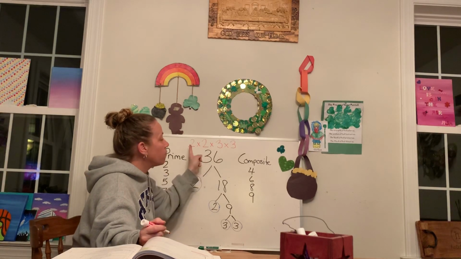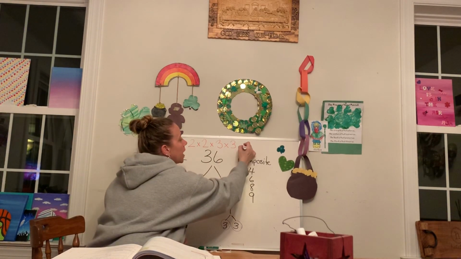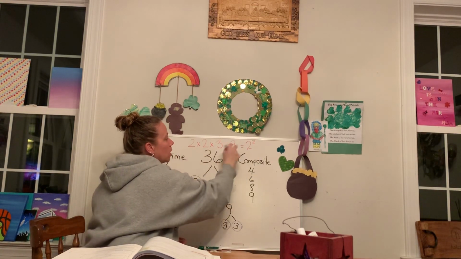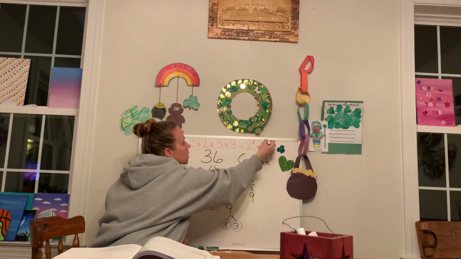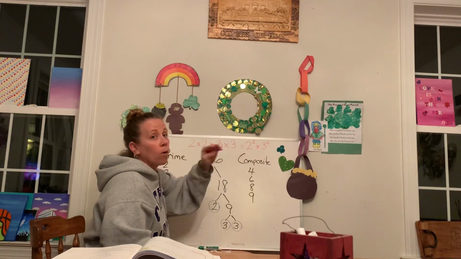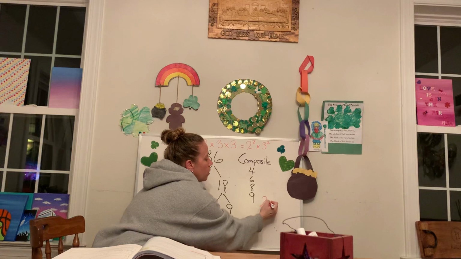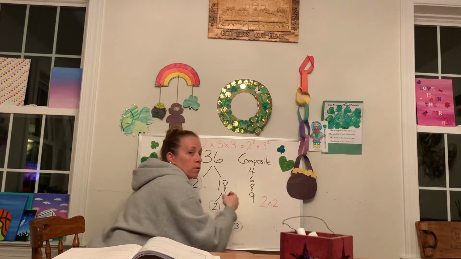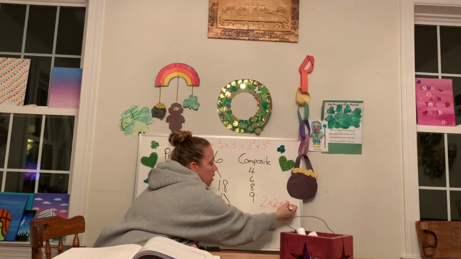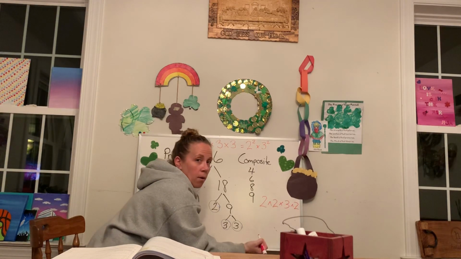So this is fine for prime factorization, but prime factorization should actually look like this: 2 squared, 2 times 2, times 3 squared. So when we write this on our daily review on the computer, you're going to do 2 caret 2, which means 2 raised to the 2nd power, times 3 caret 2, 3 raised to the 2nd power.